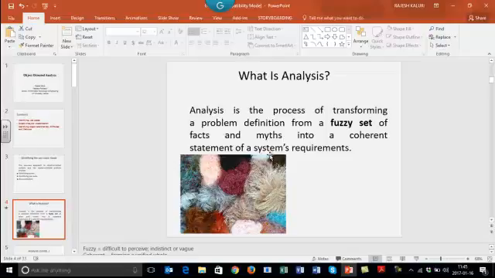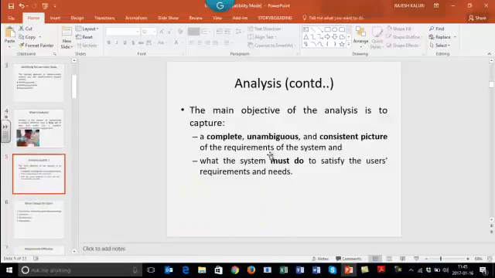Not only the software development life cycle, any kind of process or step or methodology whichever we are taking, more or less the analysis step will be the crucial step and the very beginning process. And now coming to the part, what are the main objectives of this particular analysis?